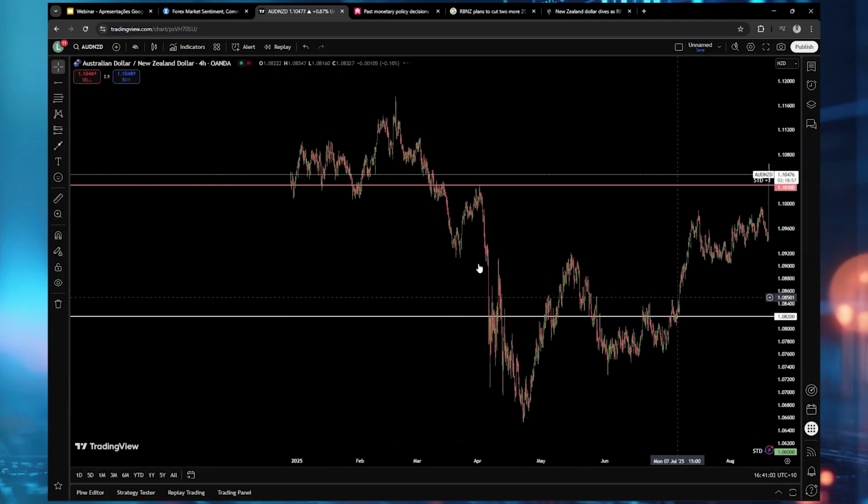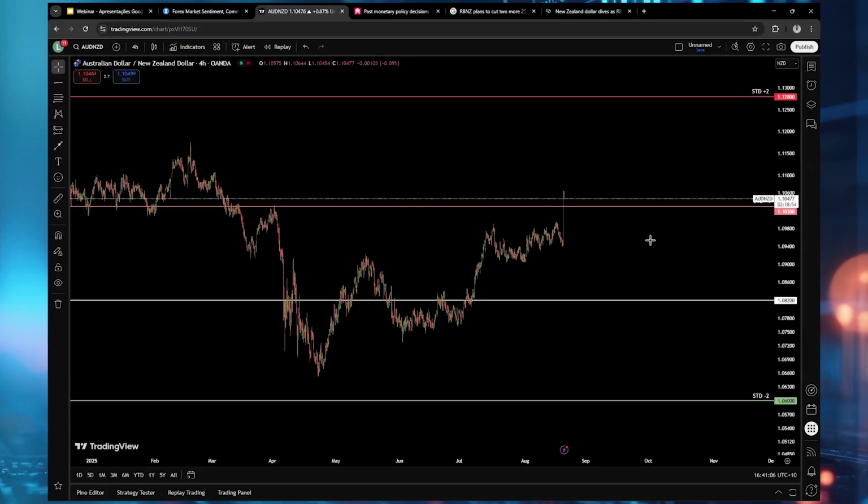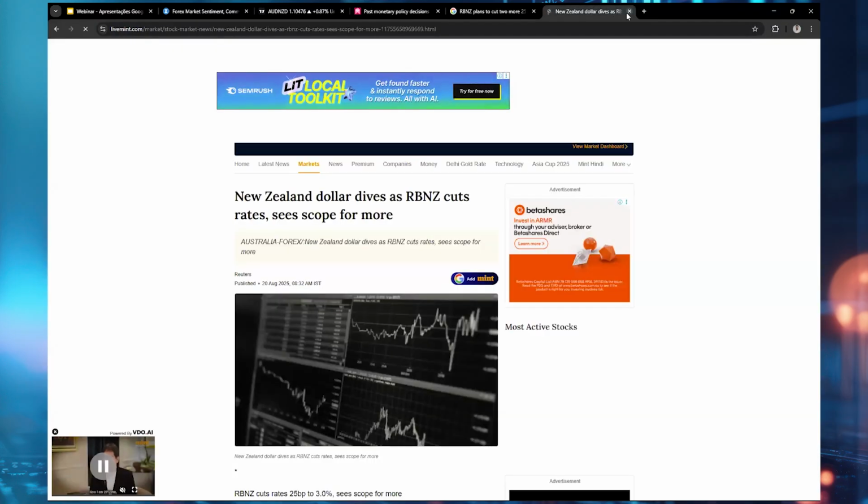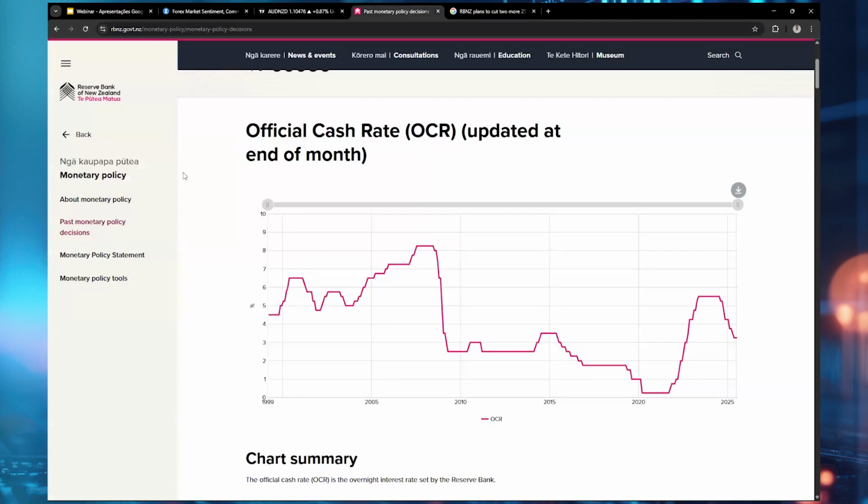So there's plenty of, I would say, fish in the ocean in a sense. Okay, so that's the main reason why the New Zealand dollar is so weak at the moment. Do I believe this will continue? I 100% believe this will continue with the weakness on the New Zealand dollar.